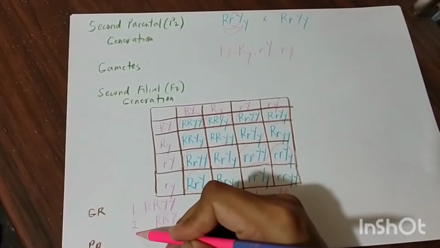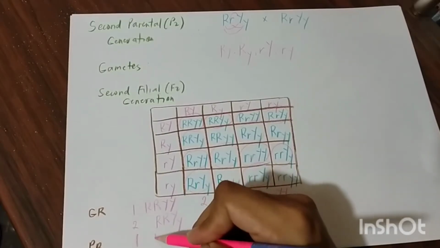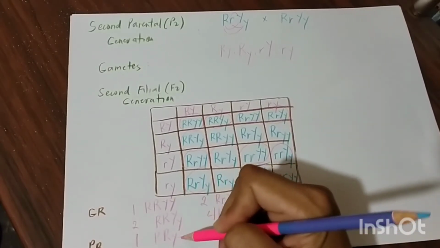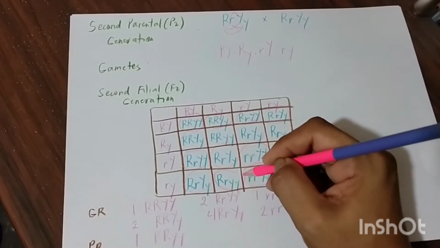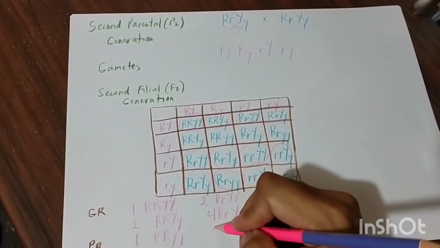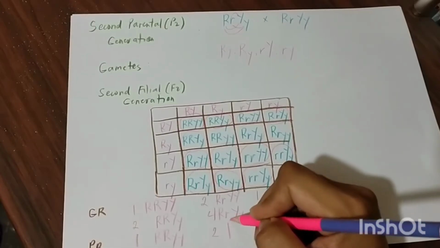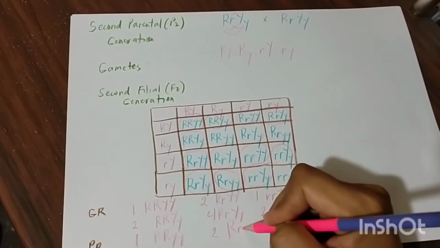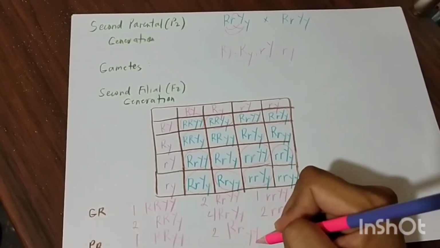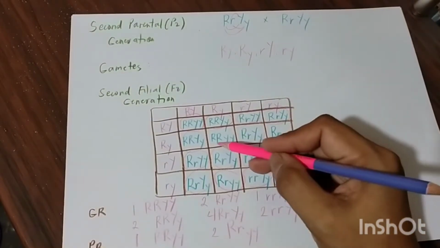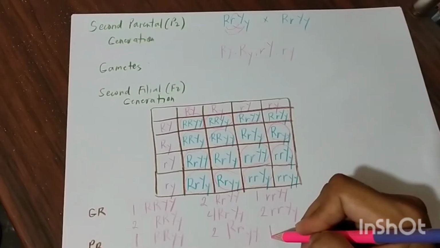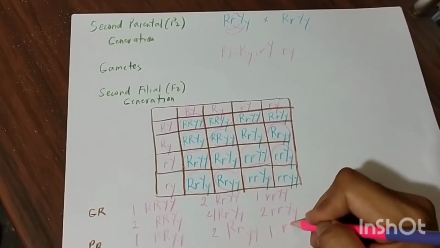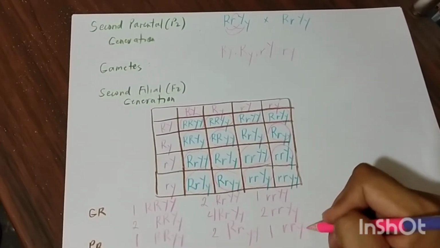We have 1 round green, this one, and then we have 2 heterozygous round and green, 1 and 2, then 1 wrinkled green.